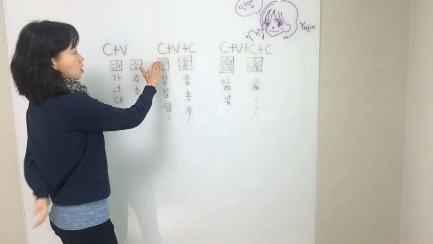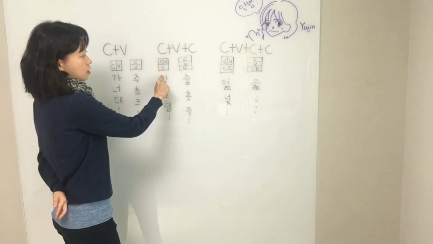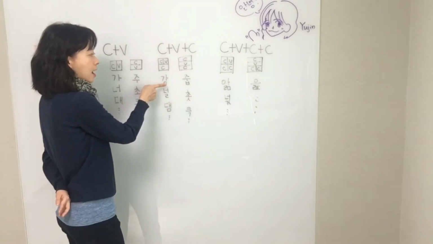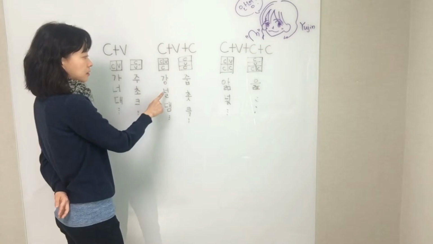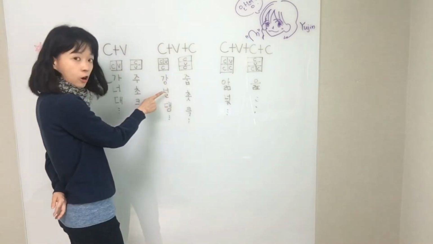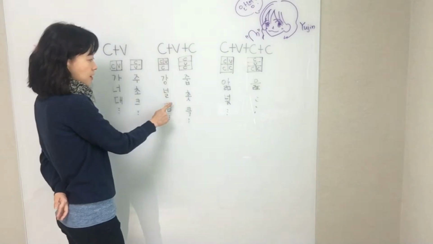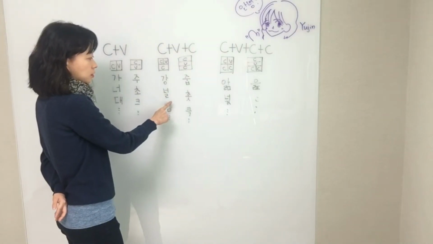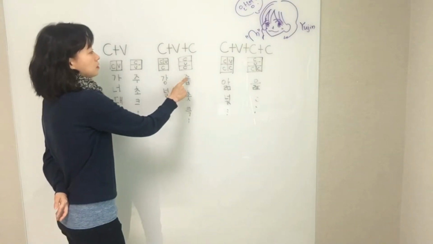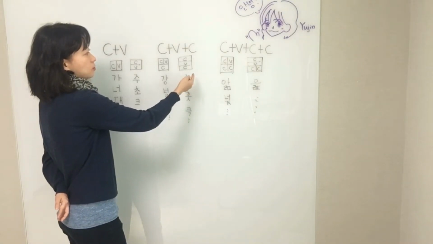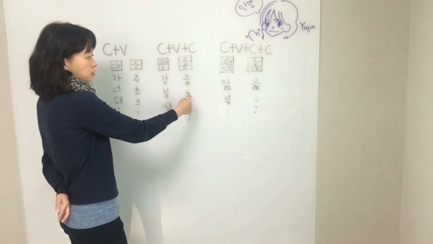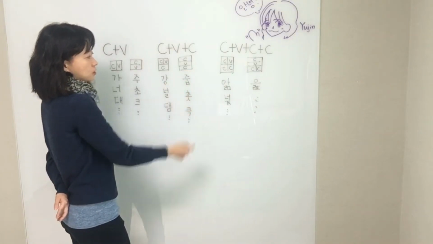So it's like this: consonant, vowel, consonant. 강, 널, 댐. This one is like this: consonant, vowel, consonant. Also the same: consonant, vowel, consonant.